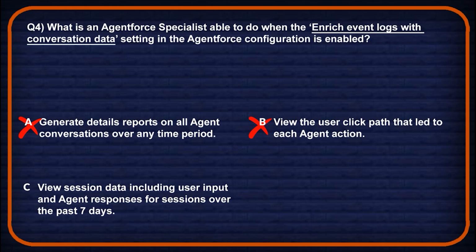Option C. View session data including user input and agent responses for sessions over the past 7 days. This enrich event logs with conversation data setting allows visibility into session-level conversation data for a limited retention period of 7 days. Hence option C is the correct choice.